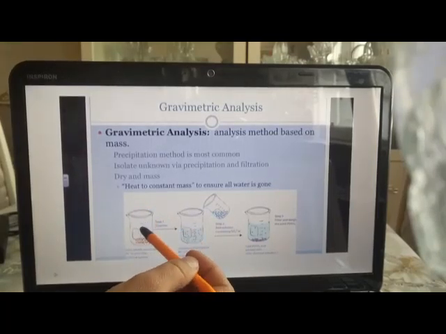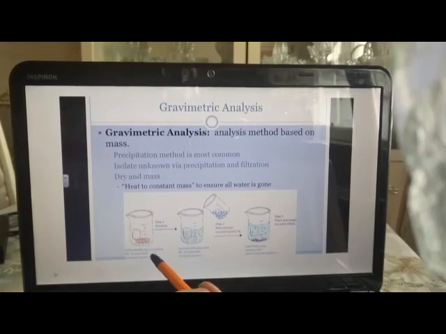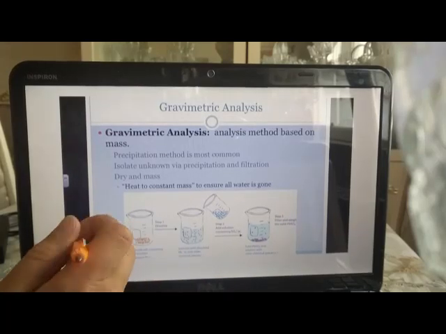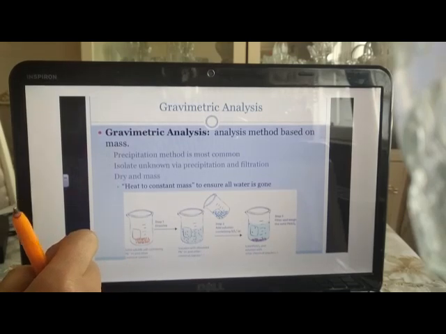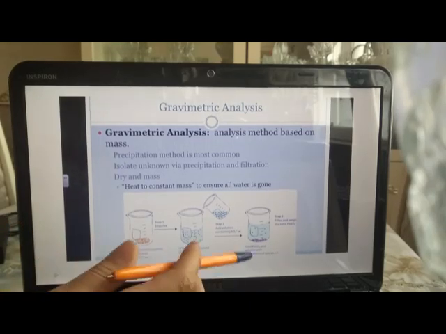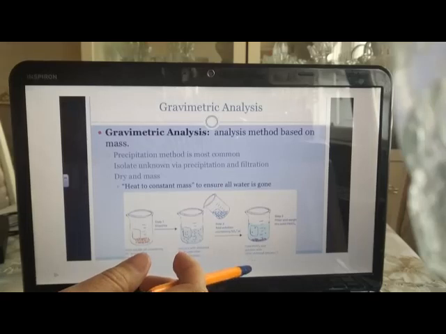At first is taking of the sample, the second step is weighing of the sample, third is dissolution, next step is precipitation, after precipitation we have filtration, washing of the precipitation, after that we have drying, and ignition. At last we calculate the results of the analysis.